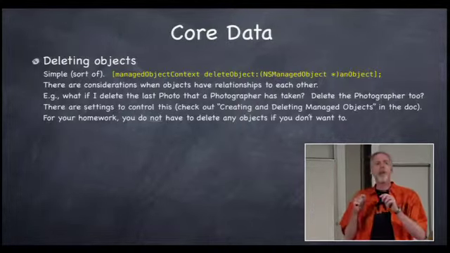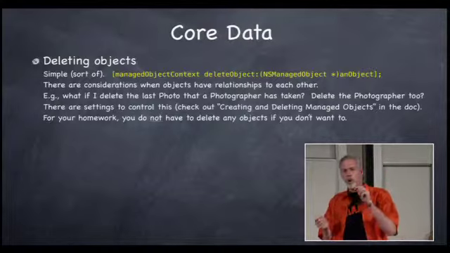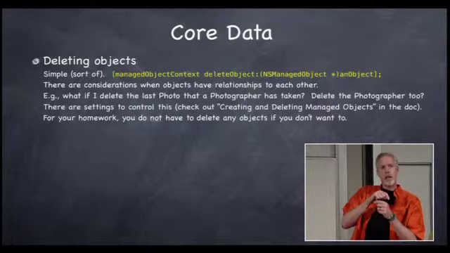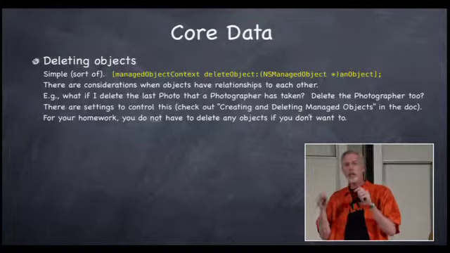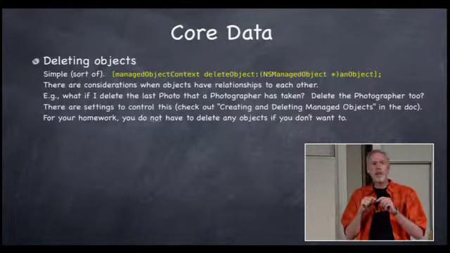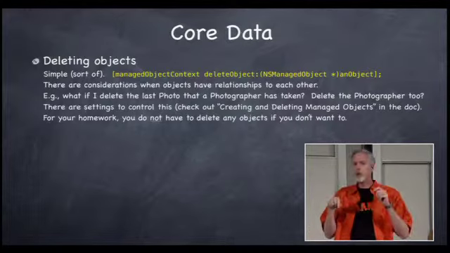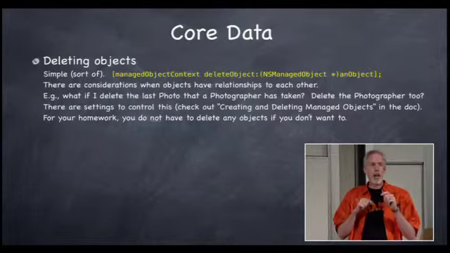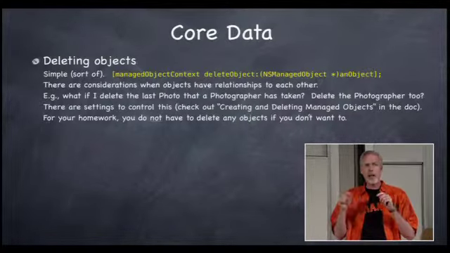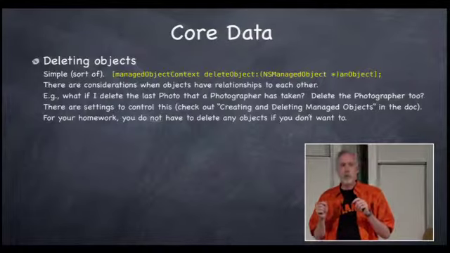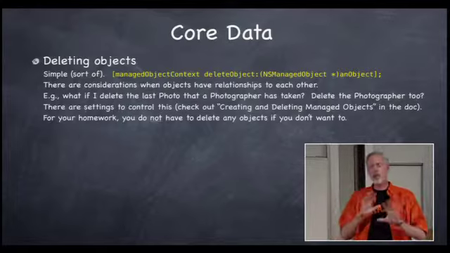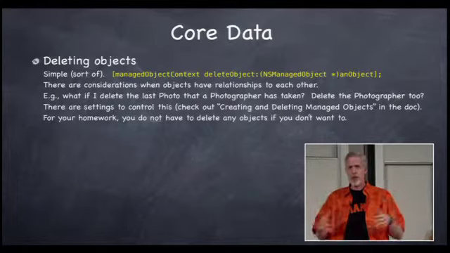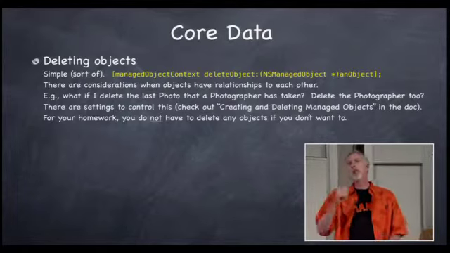What happens if I delete a photo, does it get deleted from the NSSet? If I delete the NSSet entirely, do the photos get released? Those kinds of things. There are lots of ways to specify those rules inside of Core Data, and you probably want to understand those, but we're not going to go over those today. And in your homework, you don't have to delete any objects. You can just let your Core Data database accumulate objects. Question?